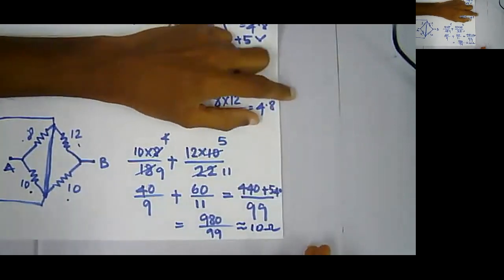If I add these two together, then it will be 980 over 99, right? So approximately, I can put this as 10, or maybe 9.999 or something.